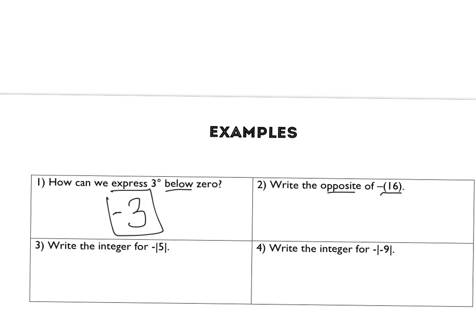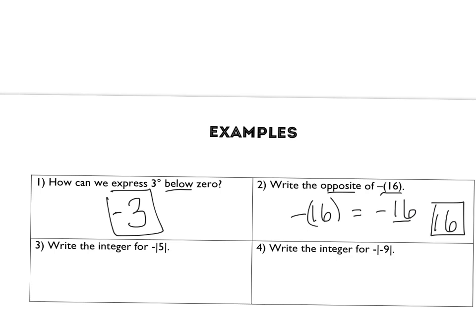So now we want to know what the opposite of this is. Remember, the opposite of a number lies on the opposite side of the number line. So the opposite of -16 is going to be 16.